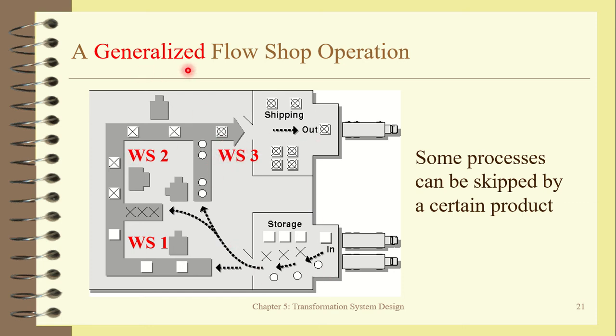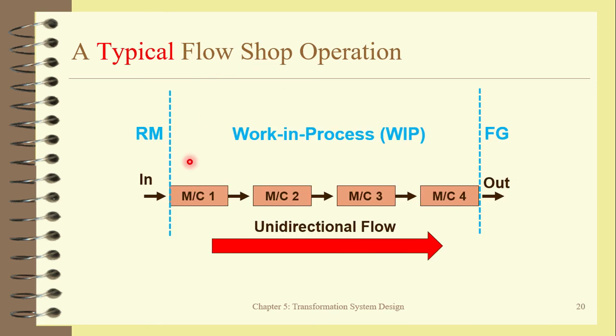Alright, this is the generalized flowchart system. But for the typical one, the part or the raw material needs to go through the whole process from machine 1, or from the starting process till the end of the process, to become the finished good.